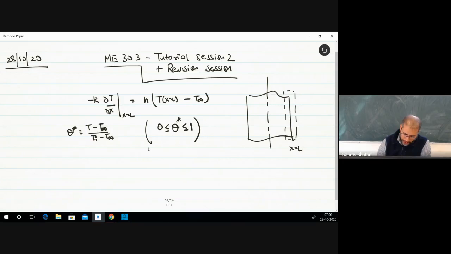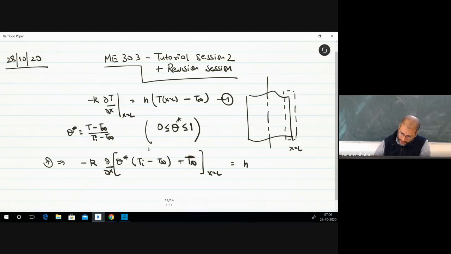Right. So let's go to our first equation, and then we can substitute. T can be written as theta star times Ti minus T infinity plus T infinity. And we are doing a del by del x of this whole thing at x equal to L. On the right hand side, we have h times T minus T infinity.